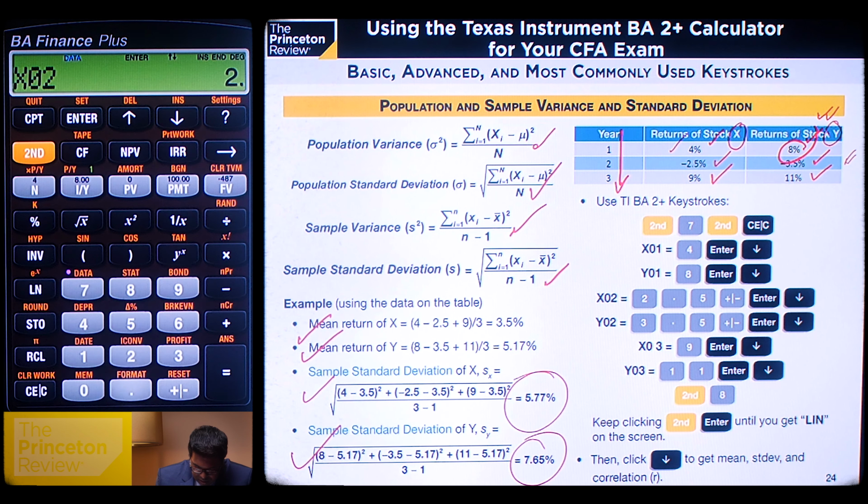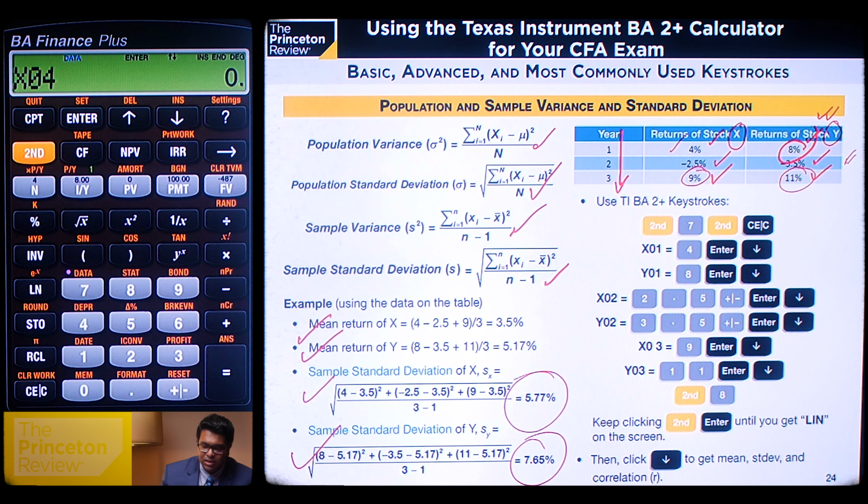X02, negative 2.5, enter, down. Y02, negative 3.5, enter, down. X03, 9, enter, down. Y03, 11, enter, down. If you do more practice, you'll be faster. Okay, that's it. You don't have to click compute or anything.